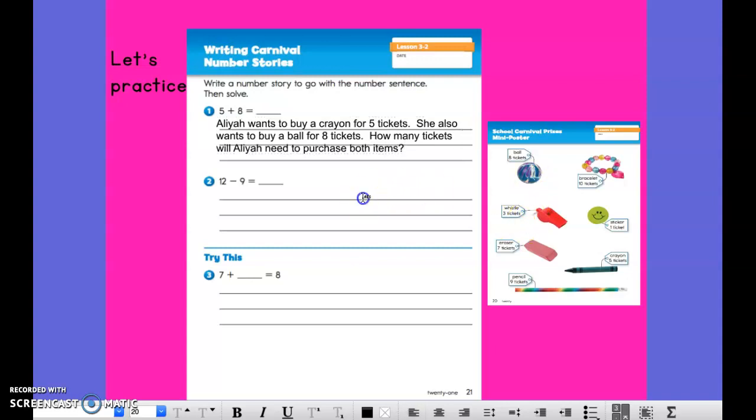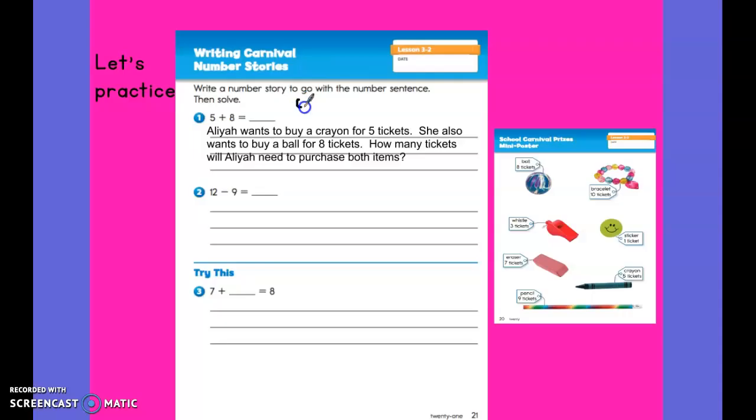So you can see what I did there was I figured out that I wanted to add these 2 numbers. So I made up a story that would require me to add. Now I do want to add, I know that 8, and of course I could draw my sticker. So I want to draw 5. So there's 1, 2, 3, 4, 5, and then 8.